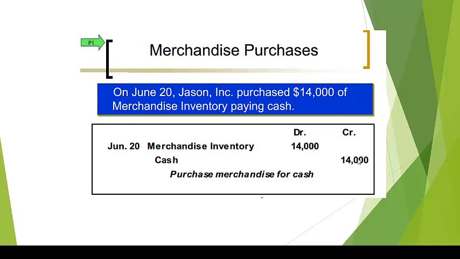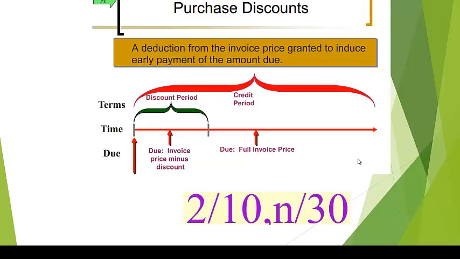Corresponding to this, in this case what we've done is we've paid cash for the inventory, so they're crediting cash, but also we could have bought this merchandise on credit. If we bought the merchandise on credit, the credit is not going to be cash, but the credit will be accounts payable.